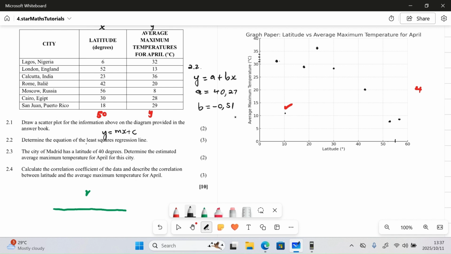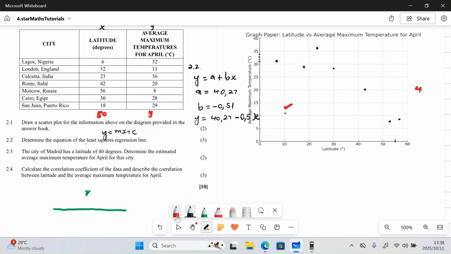From the exam guideline, we are told that we must write down first the value of a, the value of b, then after that the equation. The value of A is 40,27. Then the value of B is a negative number, negative 0.51, then times x.